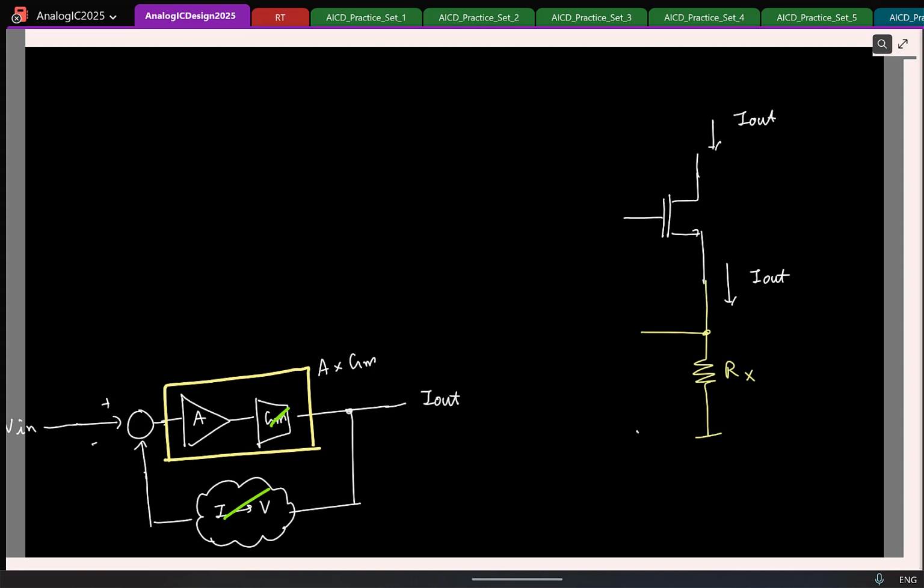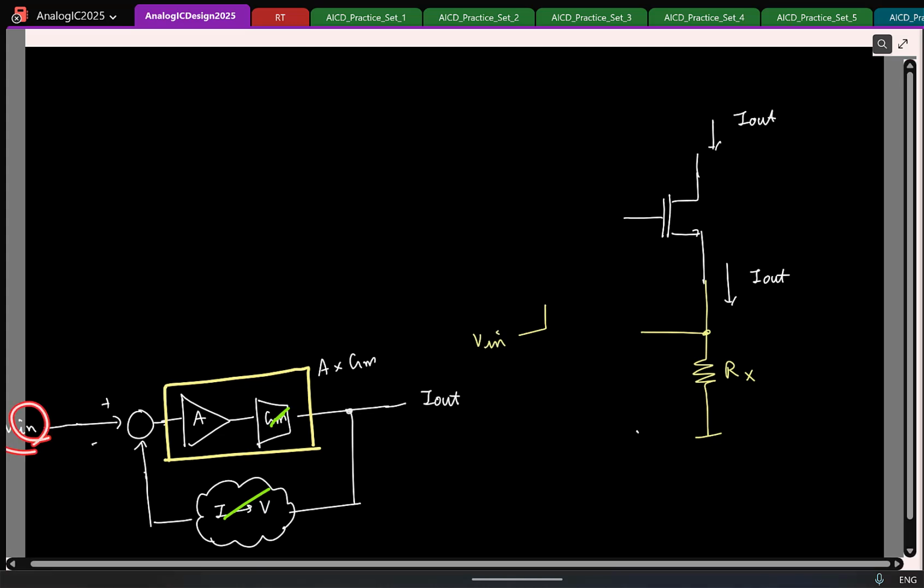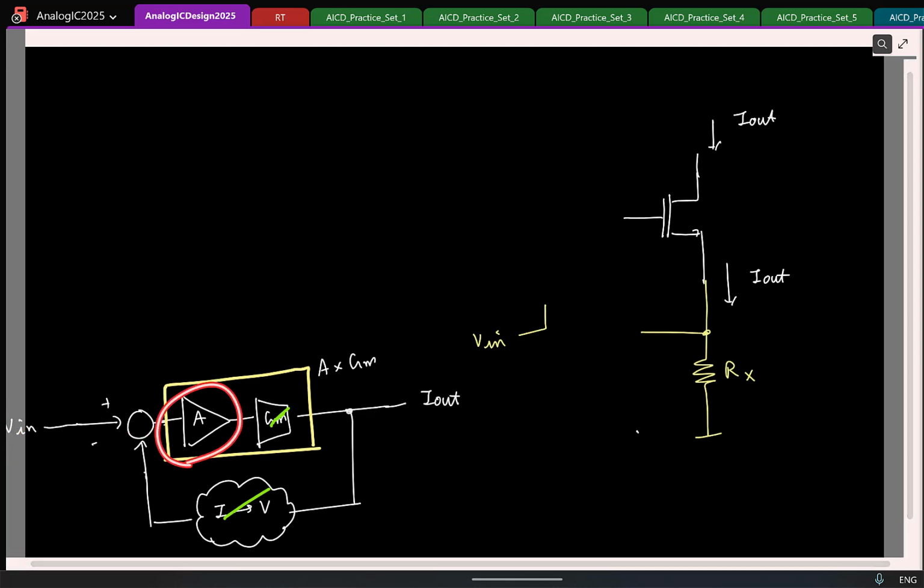Now all I have to do is take this voltage and another input voltage. So the feedback voltage and this input voltage need to be subtracted and gained up by a gain. This is V in.